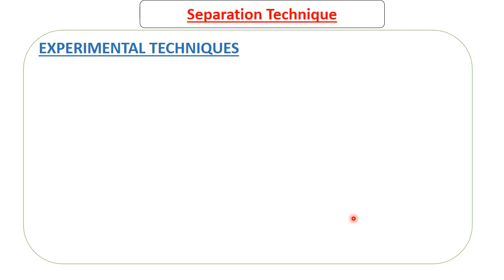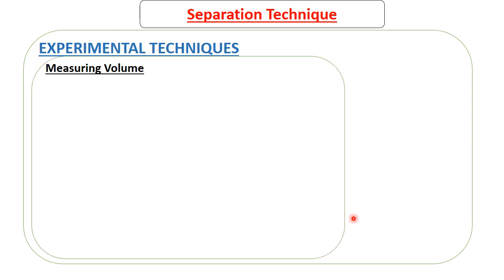But this one is basically aimed at empowering us with the knowledge or skills that can be used to make sure that we do experiments appropriately. Because for us to study these chemical compositions of matter, we need to do experiments. So that's what we're going to learn here: what tools are needed for us to do our experiments the way they should be done.